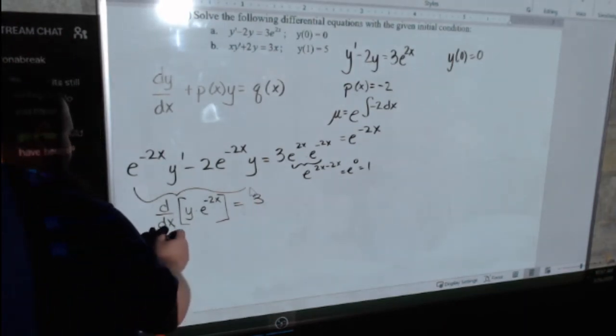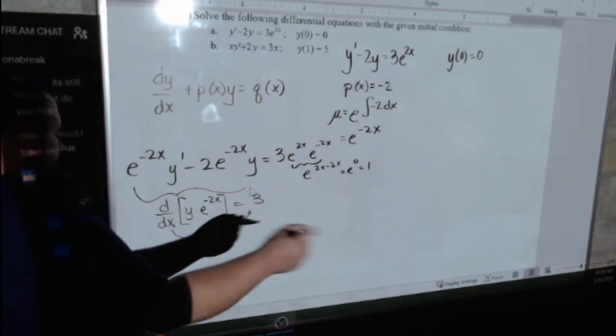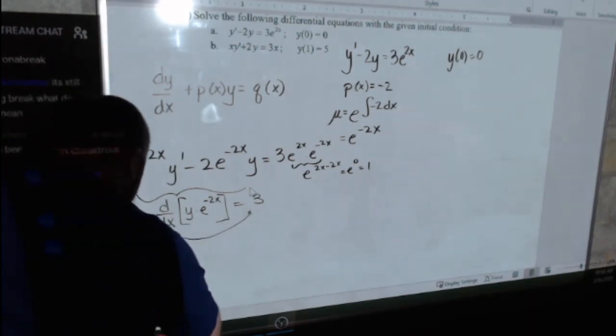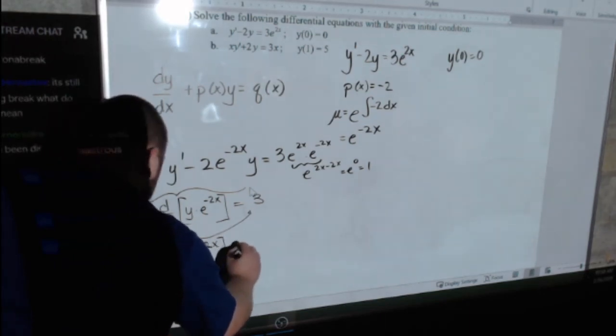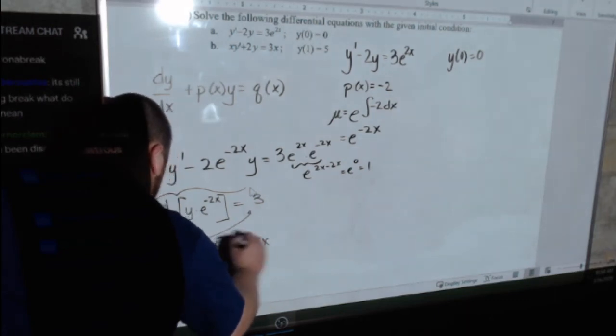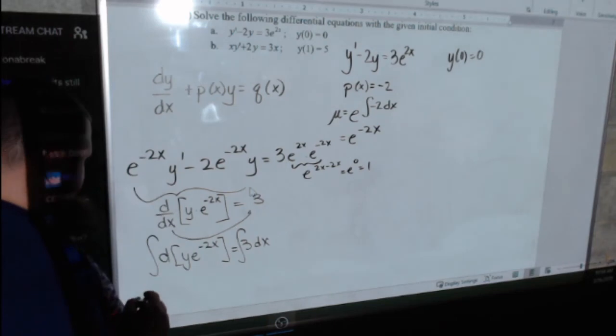The last thing I need to do is take this dx over here, integrate both sides, and solve for y. Okay.